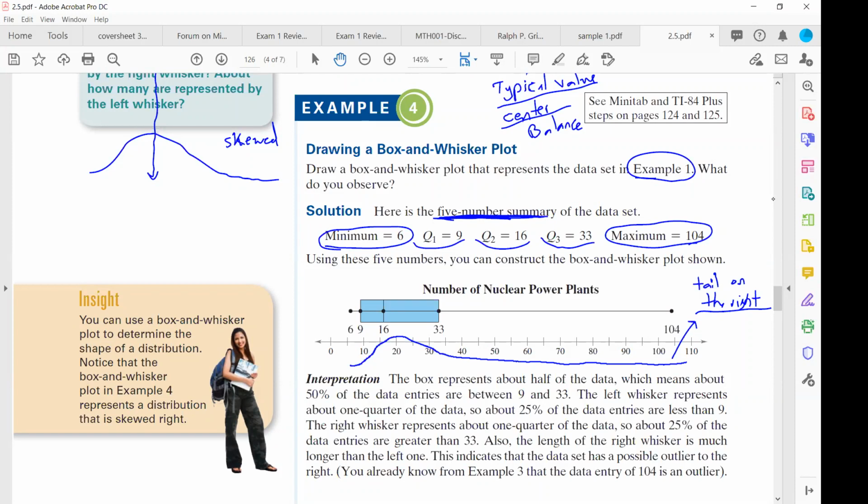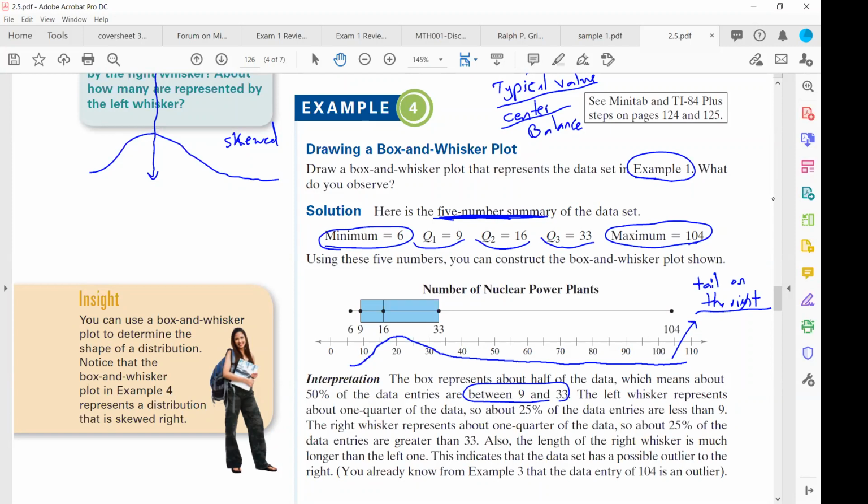The box represents about half of the data, which means about 50% of the data entries are between 9 and 33. You can actually see that. The left whisker represents about 1/4 of the data, or about 25% of the collection are less than 9.